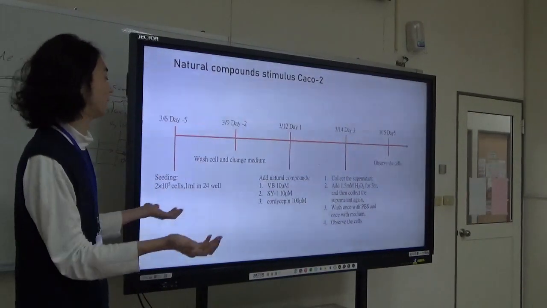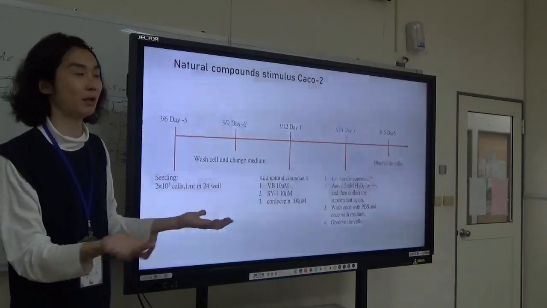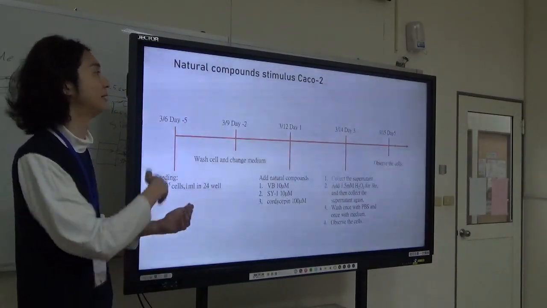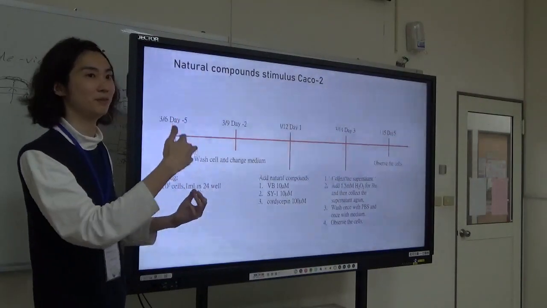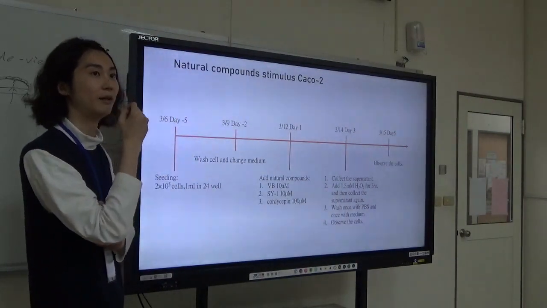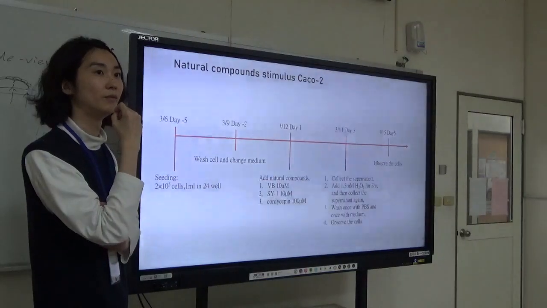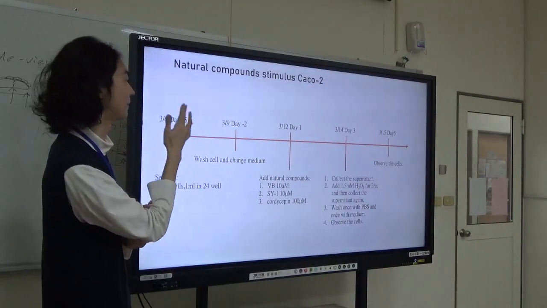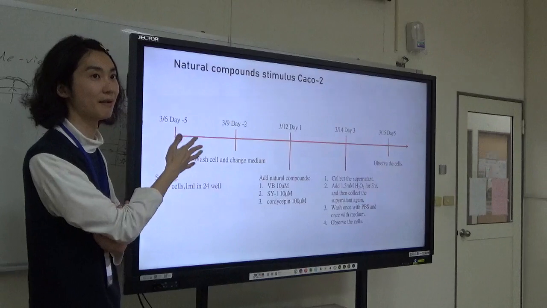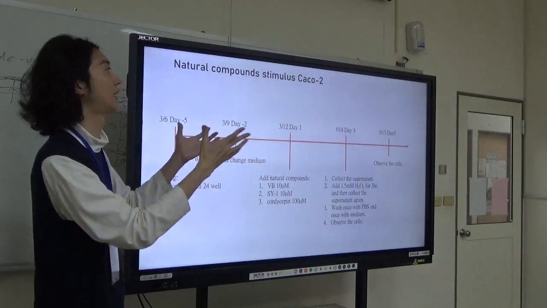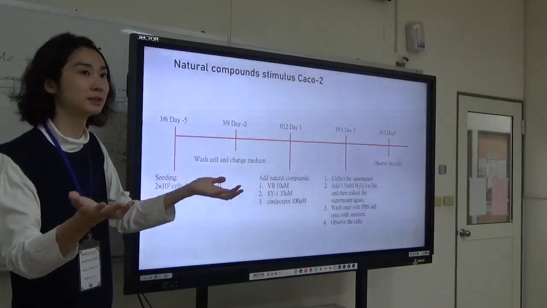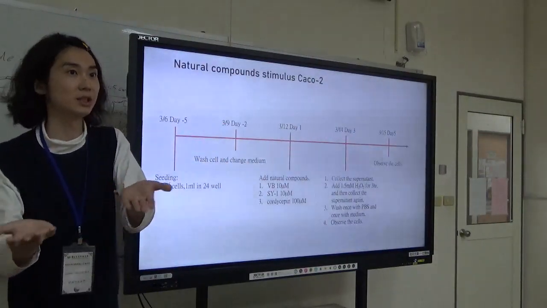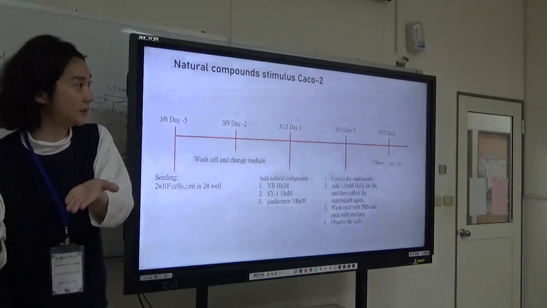So the coating of the laminin may make sure to promote their cell differentiation well. But without the laminin coating, without any extracellular matrix, they can still differentiate into the incorporation state.